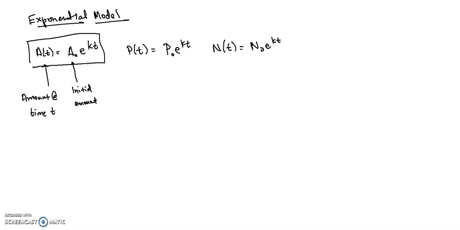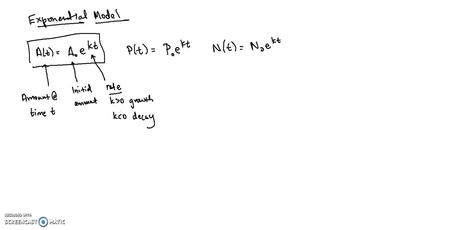E is the same E as we saw before. That's a constant, 2.71, and so on. That's a value. K is our rate. This is our growth rate or decay rate. If K is positive, it's growth, and if K is negative, it's decay. And you don't really have to memorize that, it just works out that way.